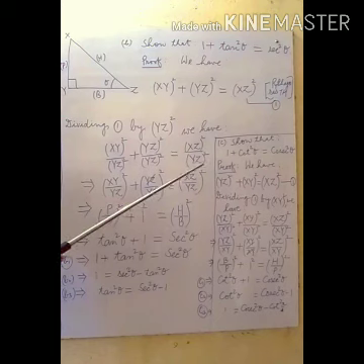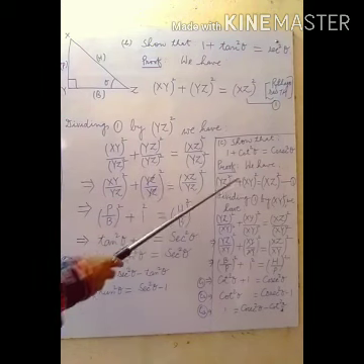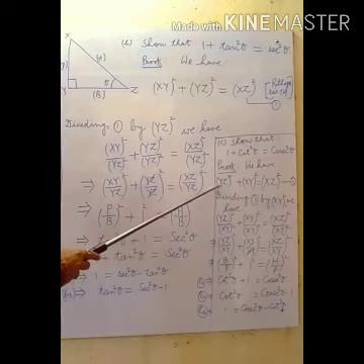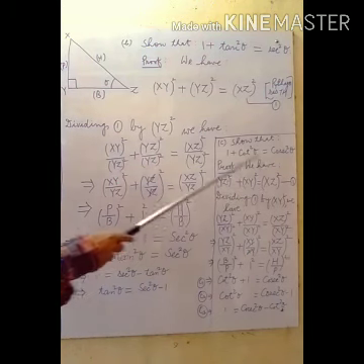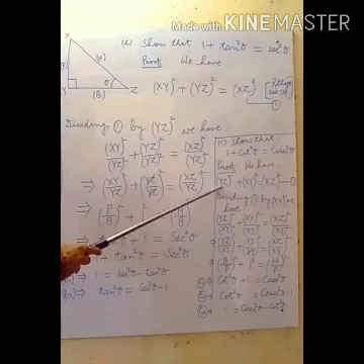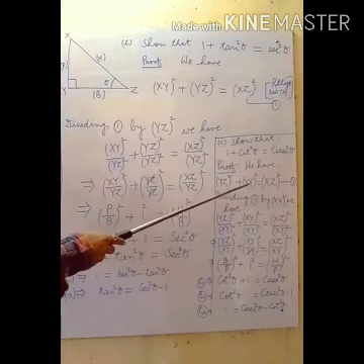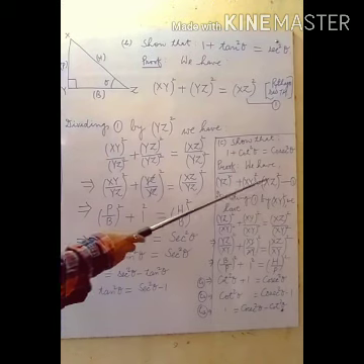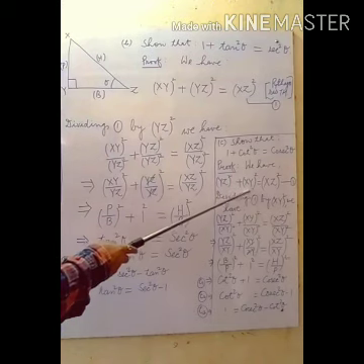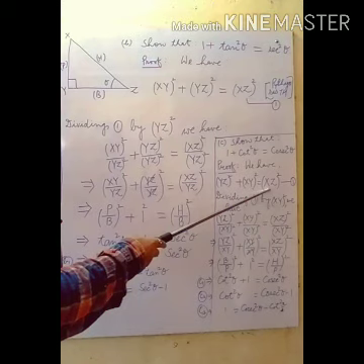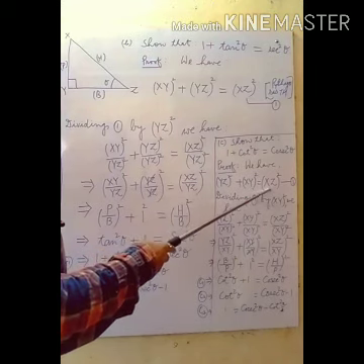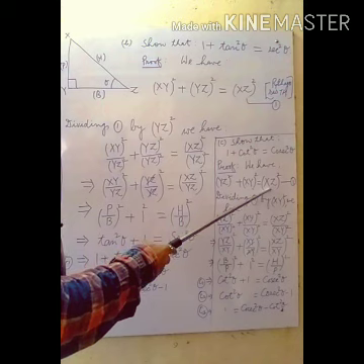What to do? Again we have to take the same Pythagoras theorem. A square plus b square equals c square. A is the indication of base square, b is the indication of height square or perpendicular square, and c is the indication of hypotenuse, because c is the longest side and the hypotenuse is the longest side of a right angle triangle.